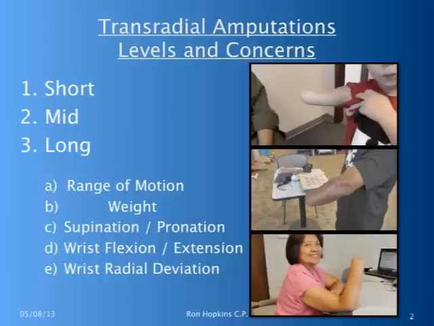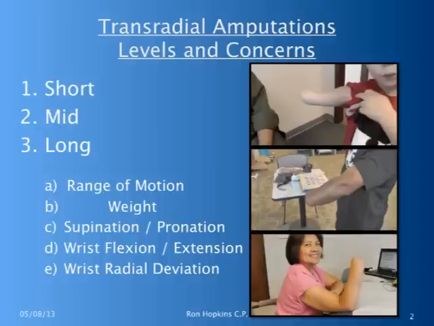I'm going to do some case studies to show you how to interpret and handle some of these more difficult cases. With the mid-range, the sex and the activity level of the individual make a big difference. The long ones are probably the easiest, but the most time-consuming. Wrist disarticulations are very, very time-consuming to construct.